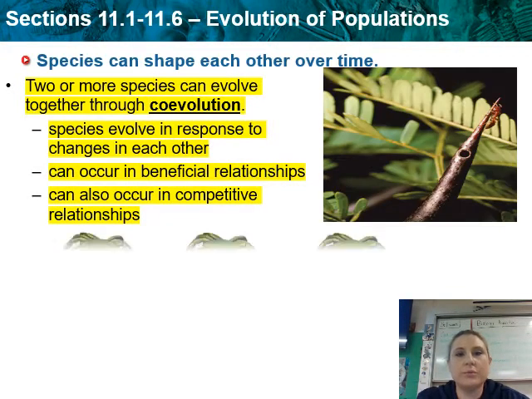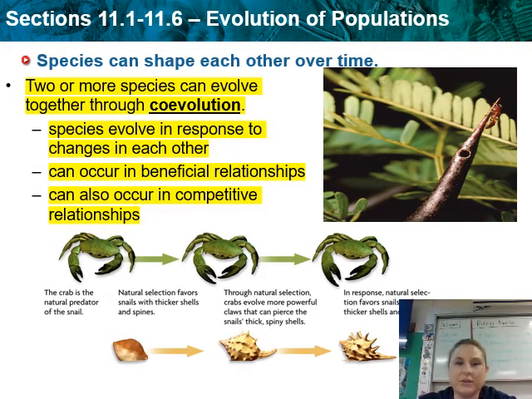And also, two or more species can actually evolve together. We call this coevolution. So species evolve in response to changes in the other. So this would be like the competition thing. Think about zebras and lions and African animals, gazelles, trying to get away from lions.